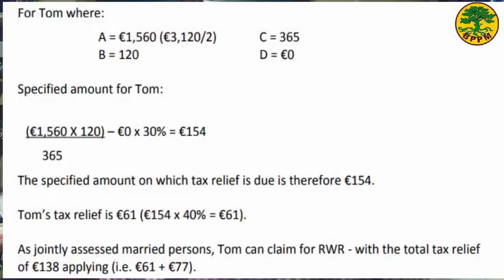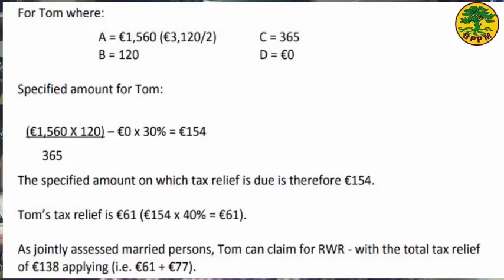For Tom, A is equal to €1,560, 3,120 divided by 2, B is equal to 120, C is equal to 365, and D is equal to 0. The specified amount for Tom: €1,560 multiplied by 120 divided by 365, minus 0 multiplied by 30% is equal to €154.